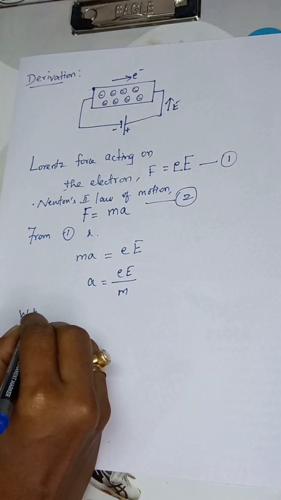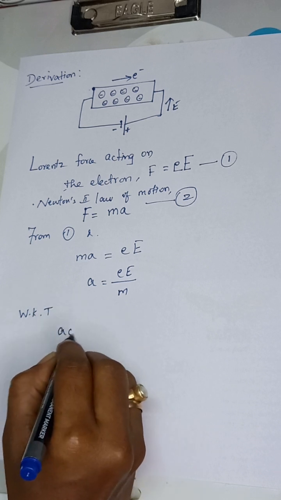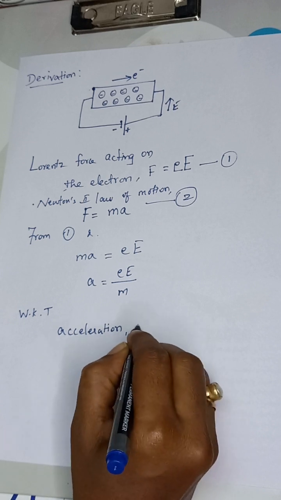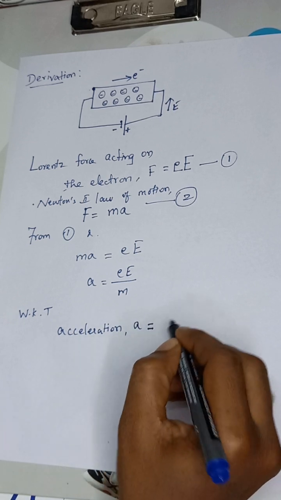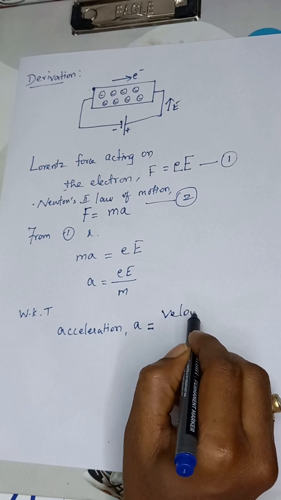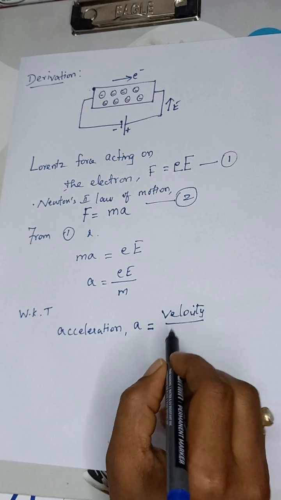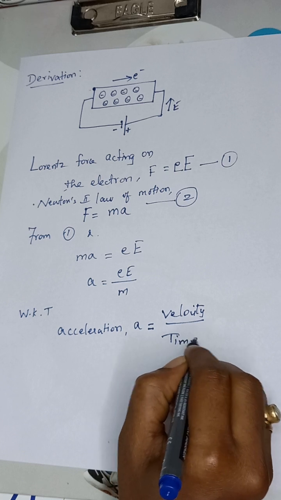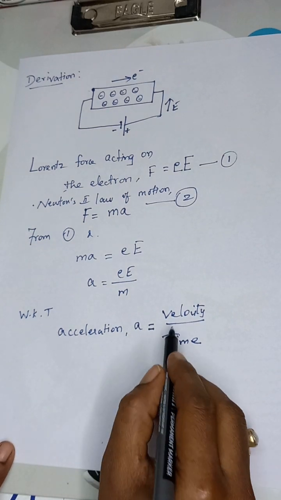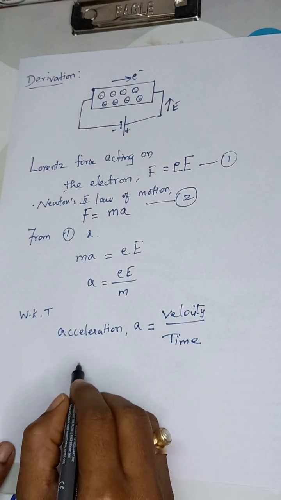We know that acceleration is defined as the rate of change of velocity, or velocity divided by time taken. So here the acceleration can be written as drift velocity divided by relaxation time.